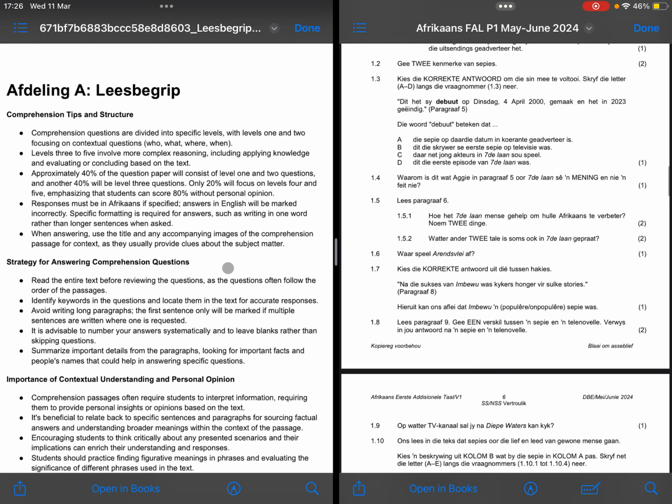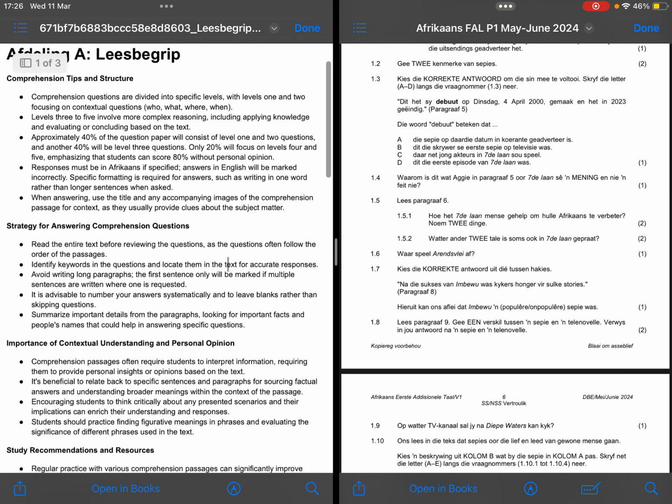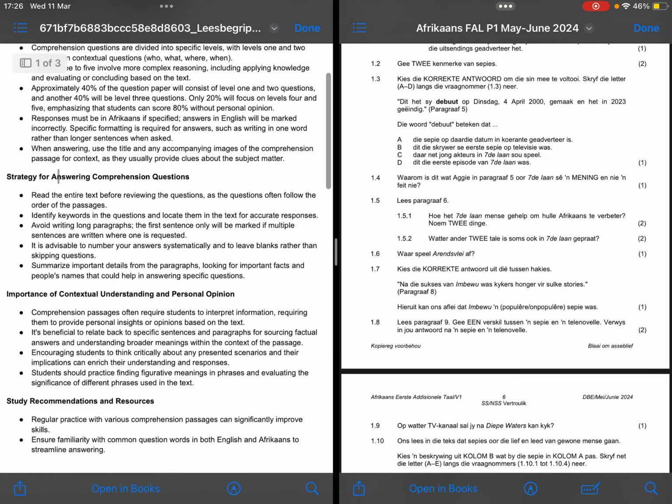All right, let's go back to the tips here. So they tell you, read the entire text before reviewing the questions. Identify keywords in the questions and locate them in the text. Here's another important tip. Avoid writing long paragraphs because often we struggle with our sentence structure. It confuses us and it uses a lot of our energy.